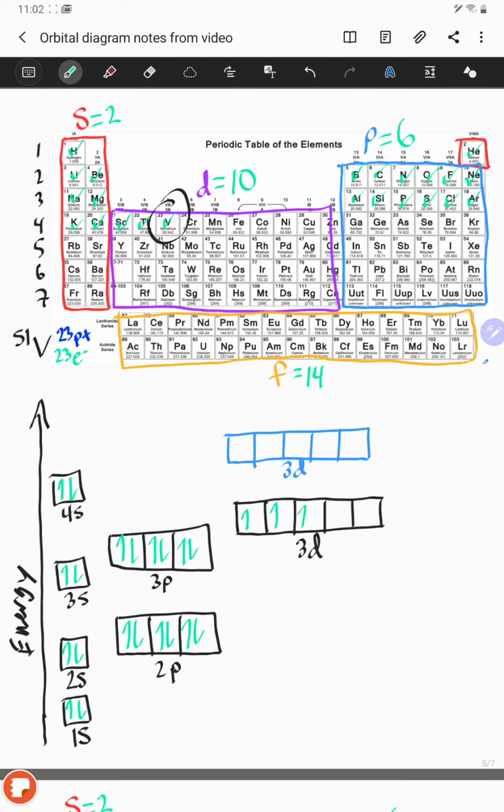So we have vanadium 51, and we just drew the orbital diagram for it.